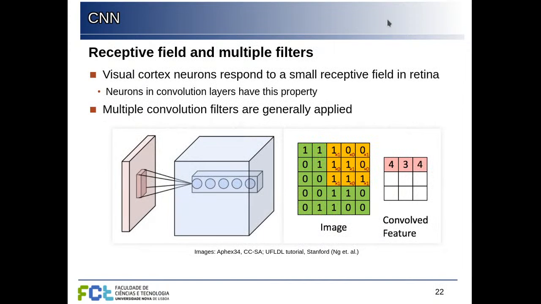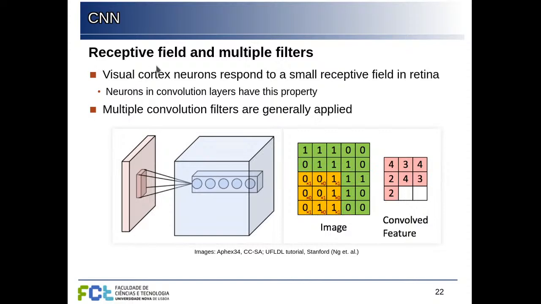So this is a representation of what's happening in a convolutional layer. We call this receptive field the region where the visual cortex neurons respond. So we have these neurons in the backside of our brain for the visual cortex, and each neuron fires in response to stimuli over a small region in the retina.